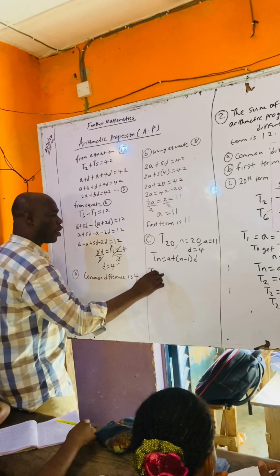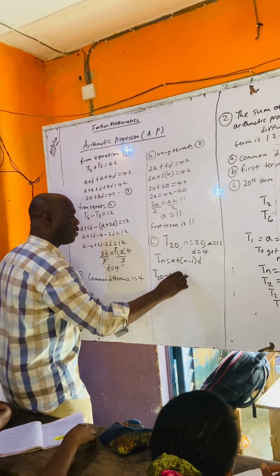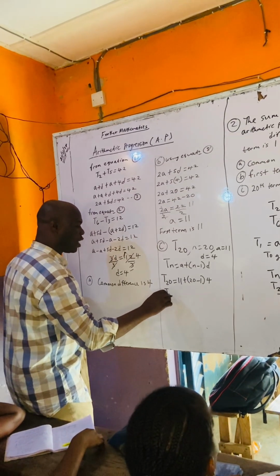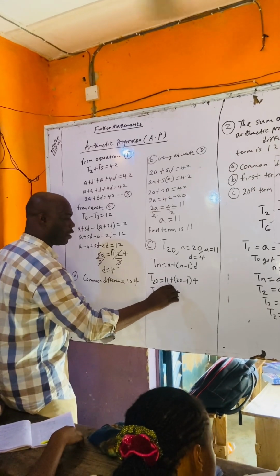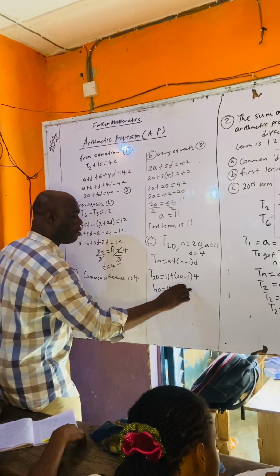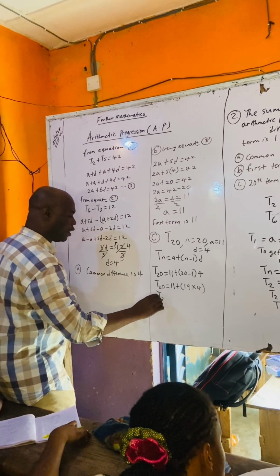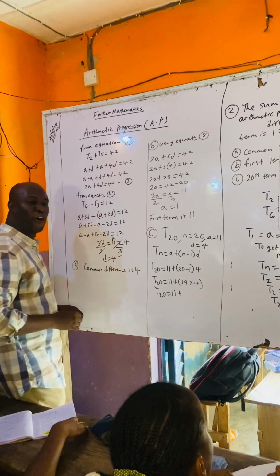T20 will be equal to 11 plus 20 minus 1 times 4. So we have T20 equal to 11 plus 19 times 4. Are we together? So T20 will be equal to 11 plus 19 times 4.